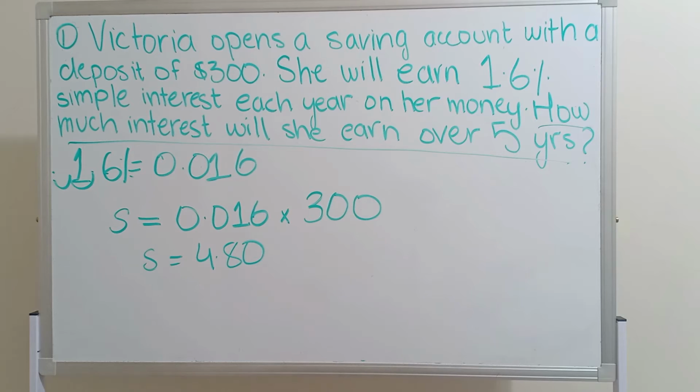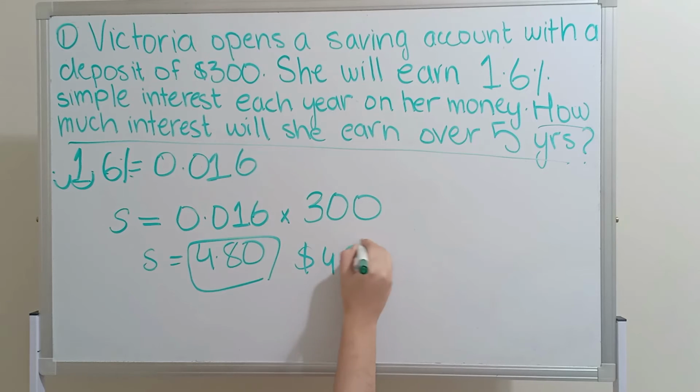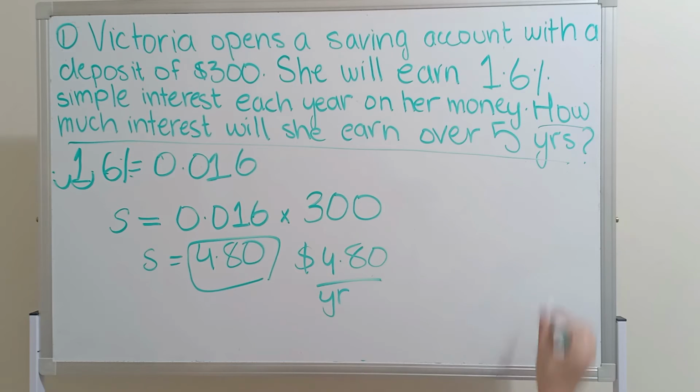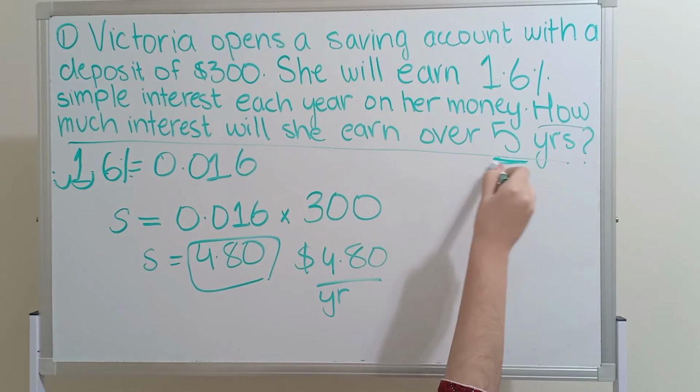So this is going to be our S, which is the interest amount. So she's going to earn this much money, meaning $4.80 each year. So this is each year, and we need to find for how many years? We need to find for 5 years here.